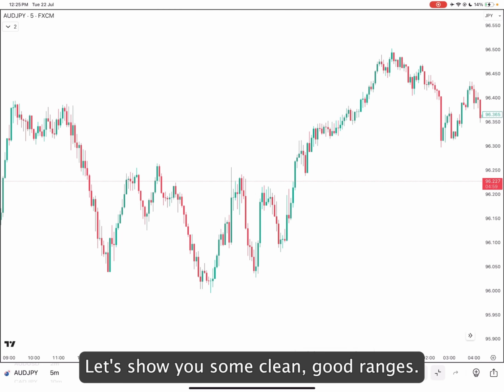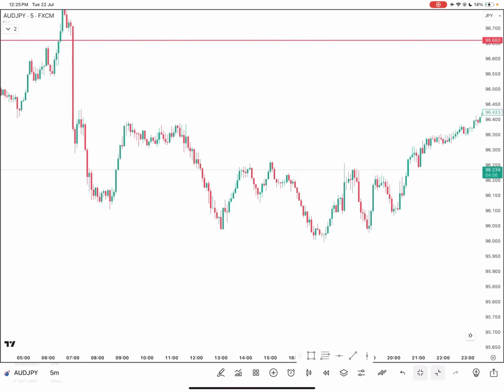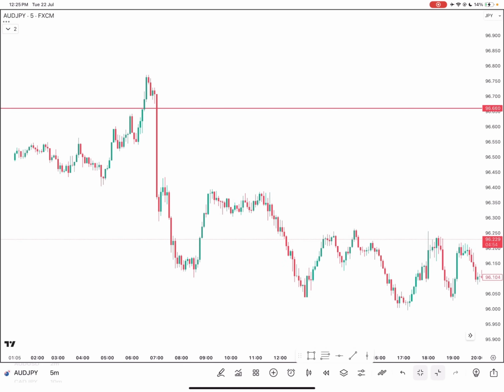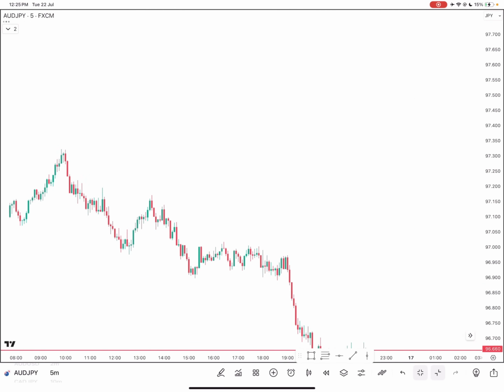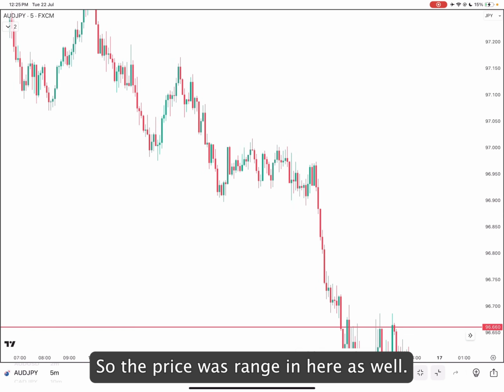I'll show you some clean good ranges. So the price was ranging in here as well.